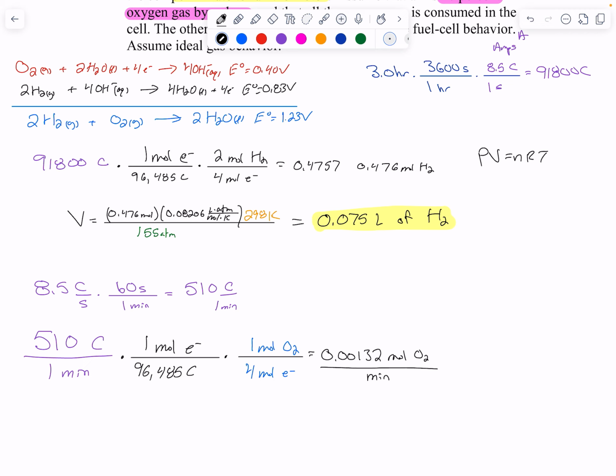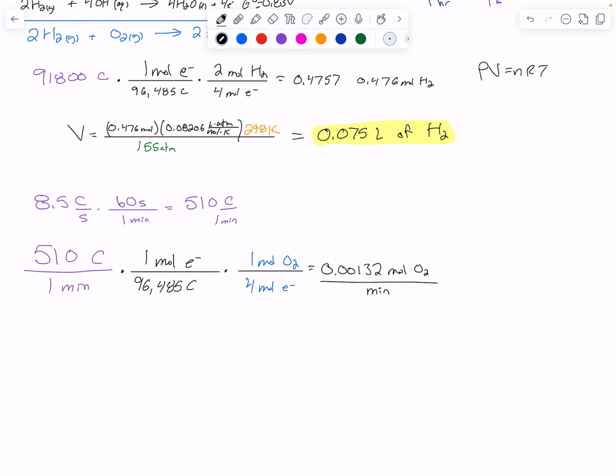PV equals nRT again, and we're solving for volume.